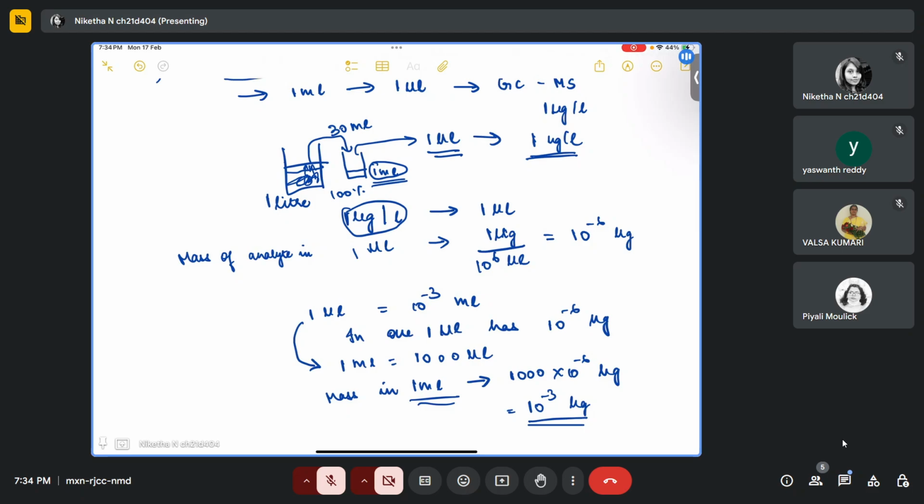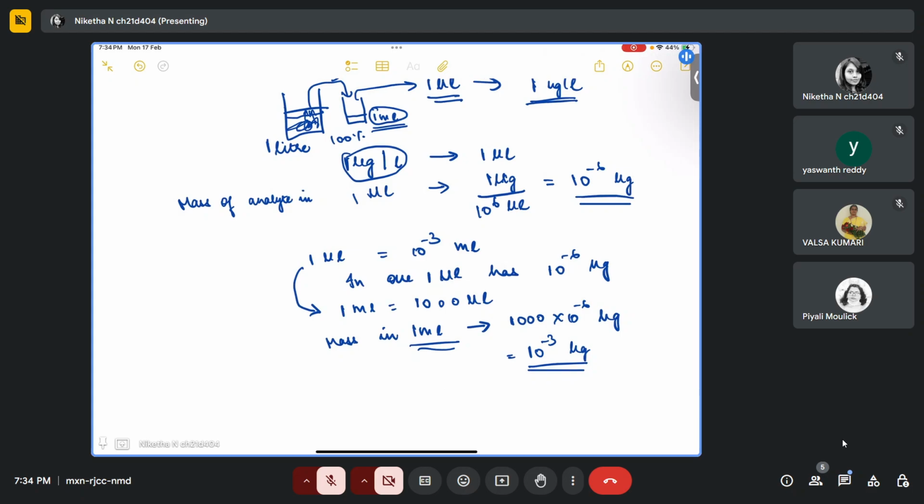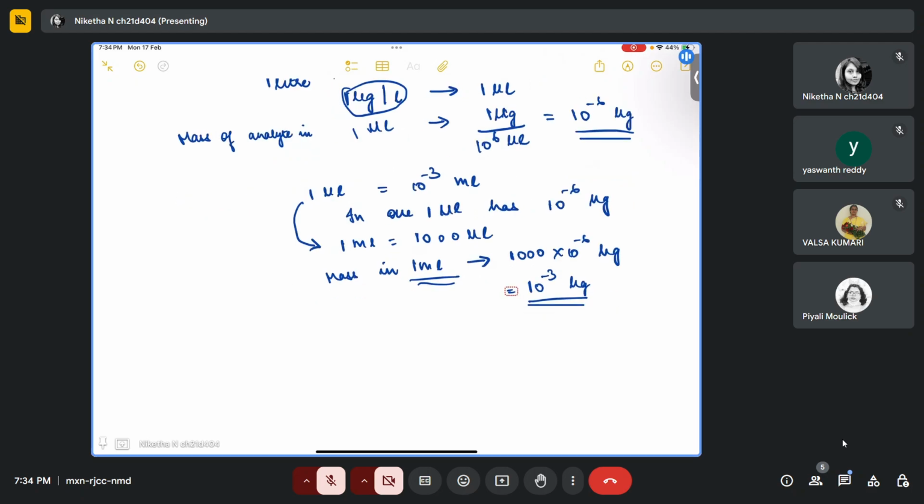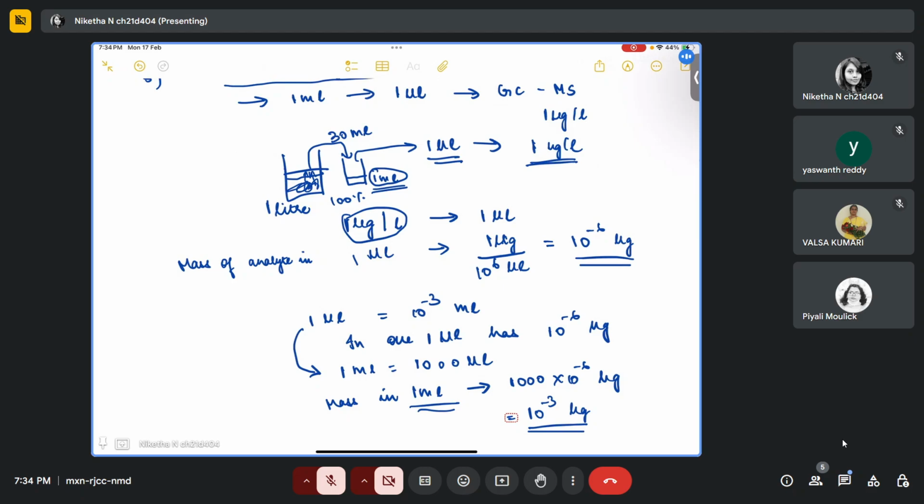So in 1 microliter, there is 10 power minus 6 microgram of the chemical. In 1 ml, we calculated that it is 10 power minus 3. This is the entire mass of the chemical which was present initially in 1 liter.